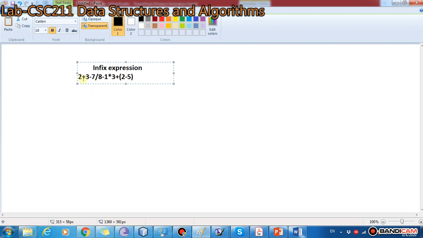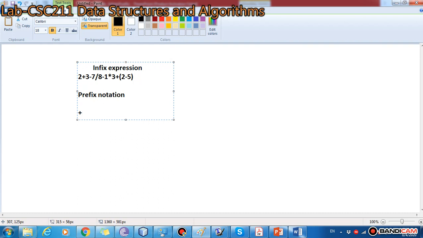Okay, and in contrast to this infix notation, there is Polish notation known as prefix or postfix notations. In prefix notation, the operator is written, for example, in prefix notation, the operator is mentioned first.